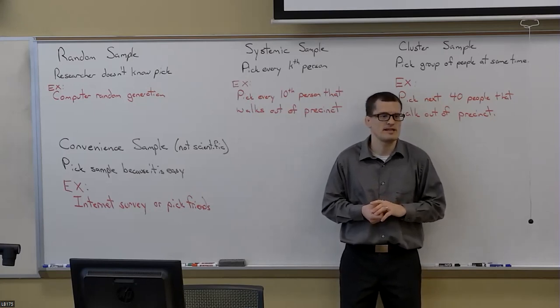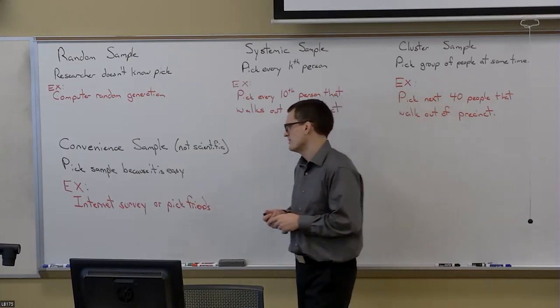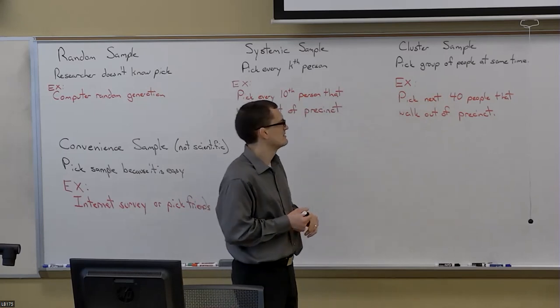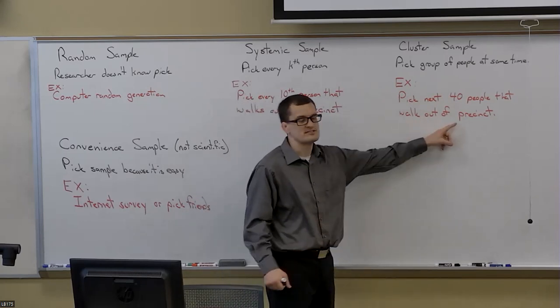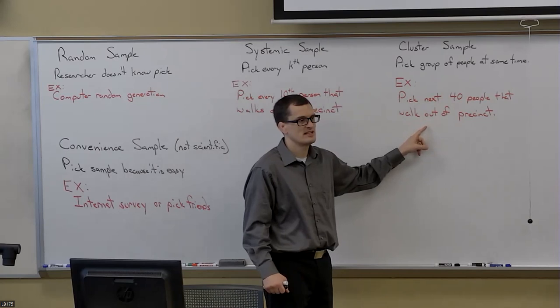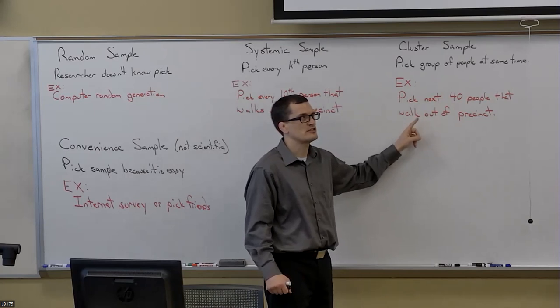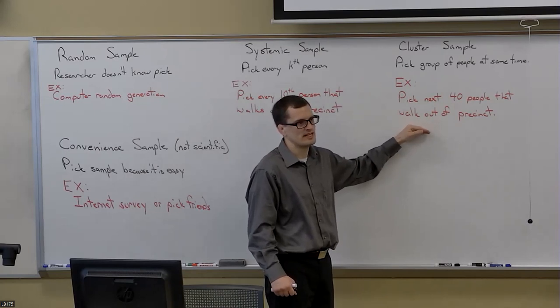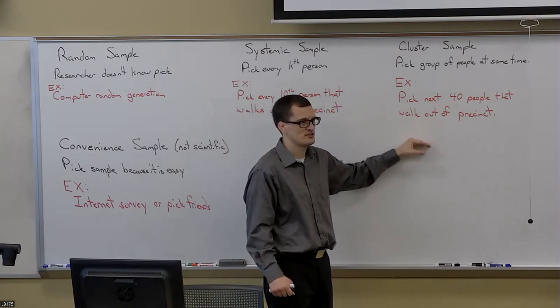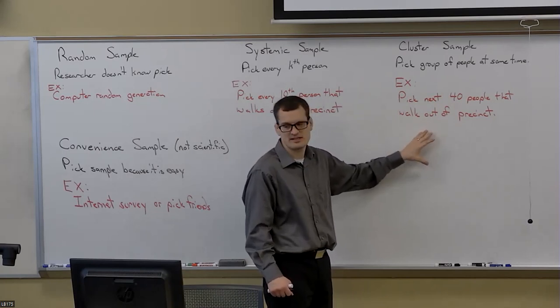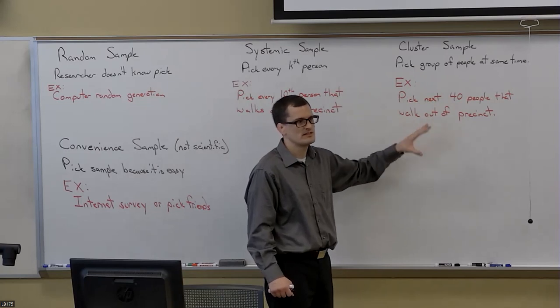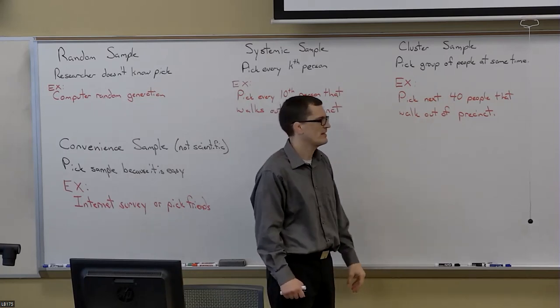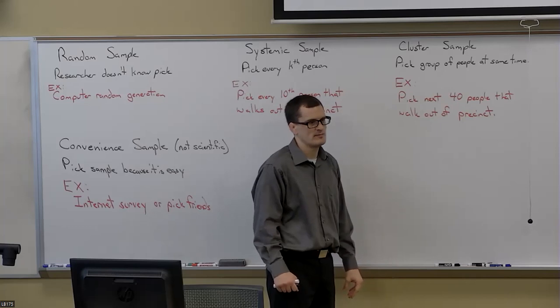All right, people did cluster samples at certain precincts. And if you do it at certain times of the day, Republicans are more likely to vote at certain times of the day, whereas Democrats are more likely to vote at other times of the day. So if you do it at one time of the day, you might get a different result than at a different time.